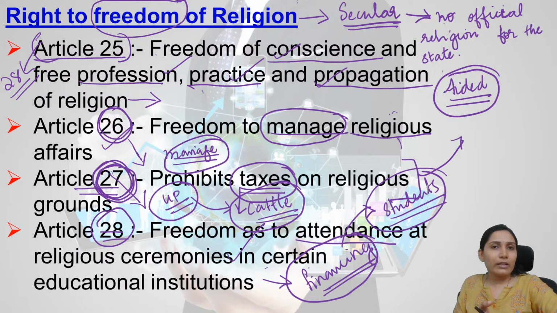They are aided by the government in terms of finance, but they are run by some particular religious authorities. So in those institutions, the students cannot be compelled to participate in certain religious ceremonies. It's the freedom of the students or the teachers or the staff whether to participate or not in the religious ceremonies. So that is what is called right to freedom of religion, guaranteed under Article 28.